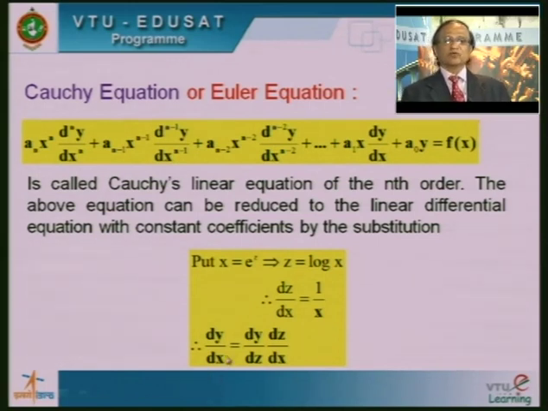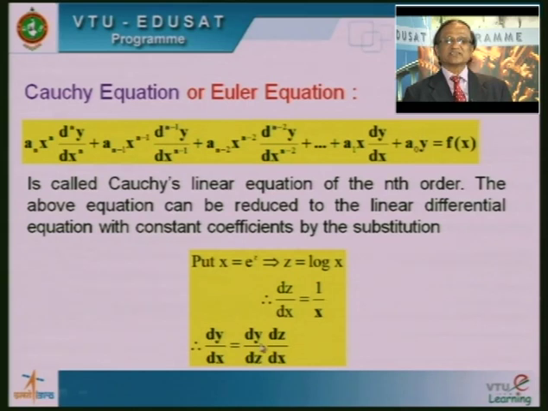Therefore, dy by dx can be written as dy by dz into dz by dx. Is it clear? And dz by dx is equal to 1 by x. Now, I will substitute the value of dz by dx in this equation. So, what does it become?